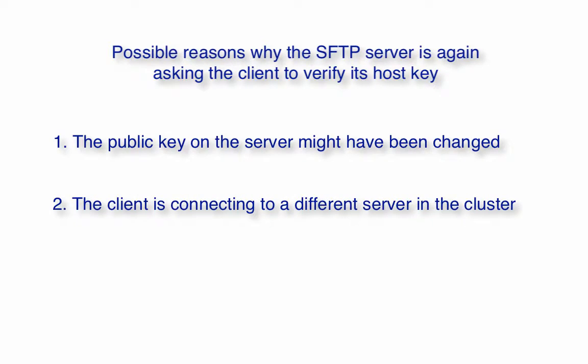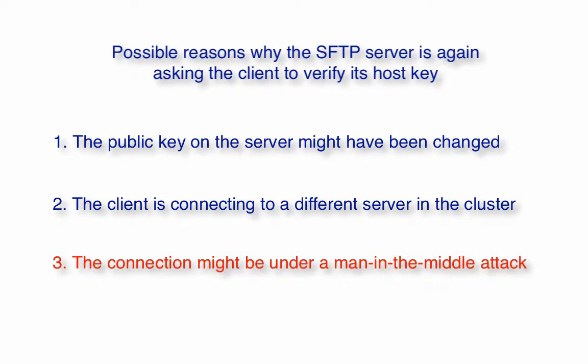The client is connecting to a different server found in the same cluster as the one it previously connected to. For example, when the two servers are behind the same load balancer and hence are showing the same IP to the client, but have different public keys. And 3, which is why you need to verify fingerprints, it could also mean that the client is being subjected to a man-in-the-middle attack. To be secure, it's therefore important to check with the server's administrator if the dialog reappears even if you've been connecting to the same server ever since.